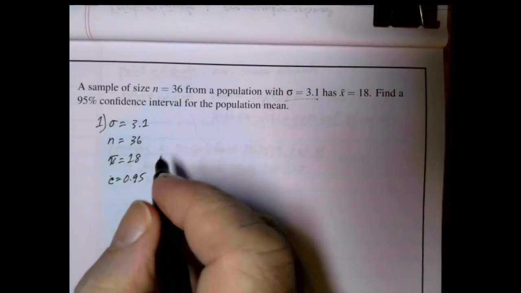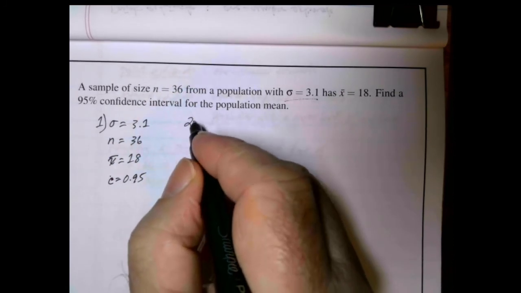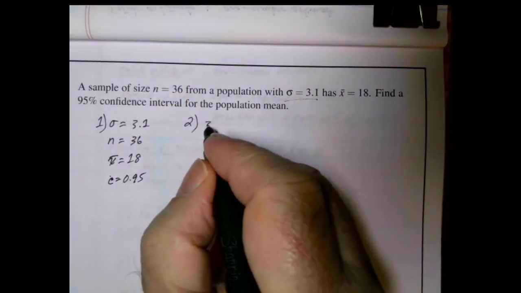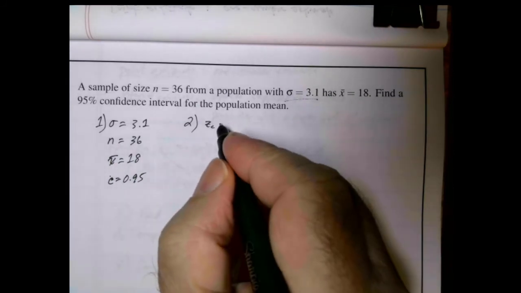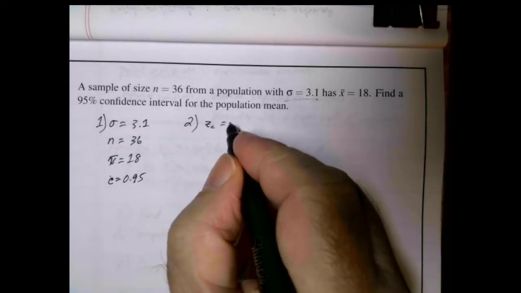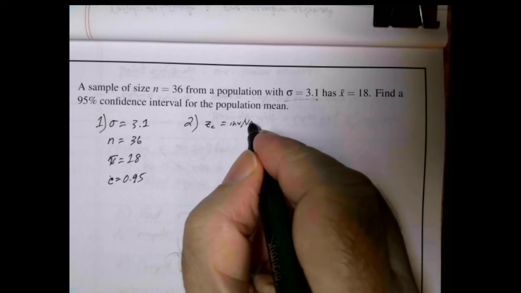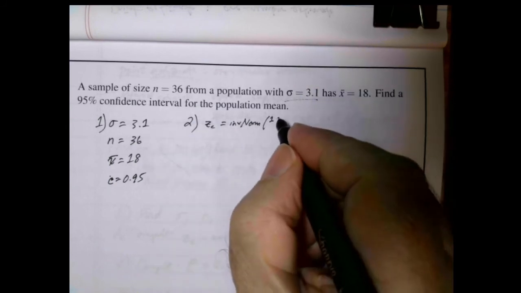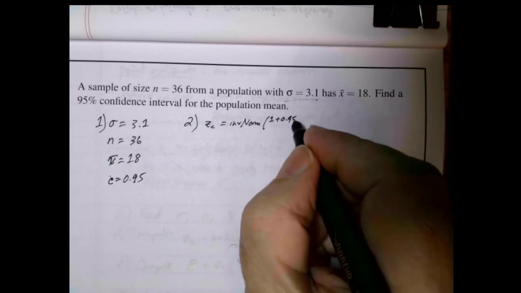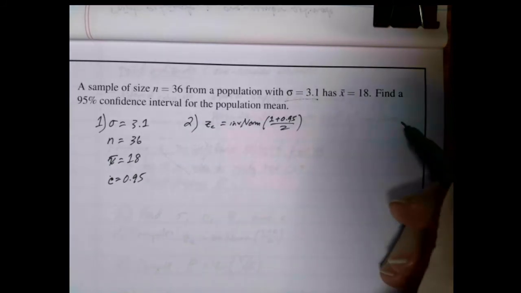All right. Step 2, I need to compute the critical value for 95% confidence, z sub c, and that is inv norm of (1 plus c) over 2, so this is (1 plus 0.95) over 2.